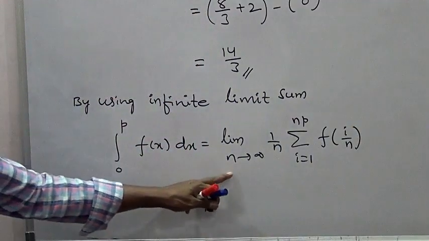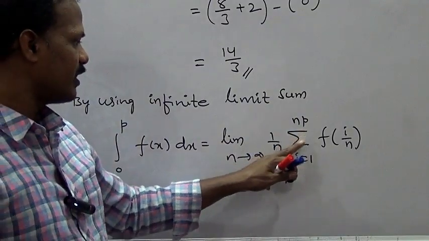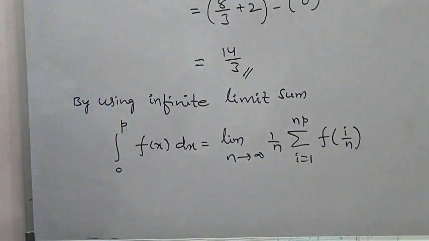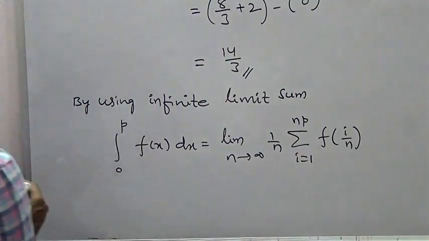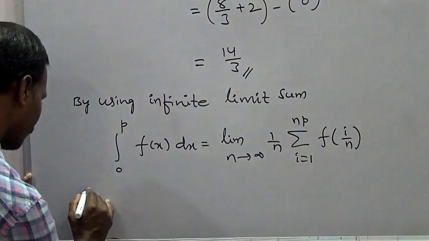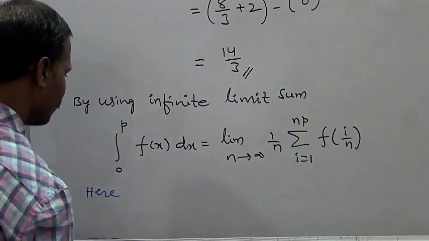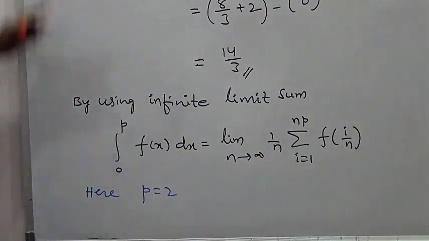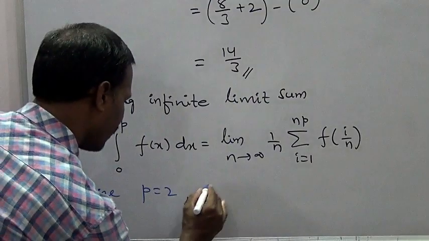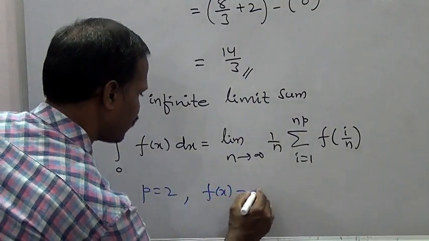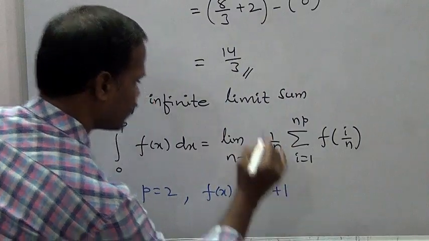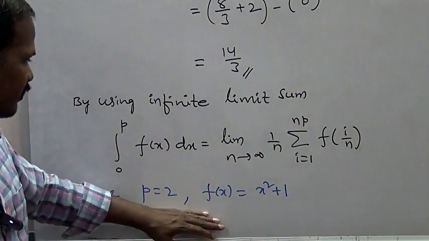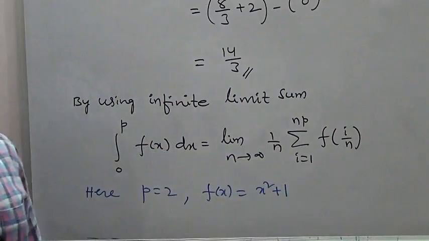Here, in this problem, p equals 2. So what is f of x? f of x equals x square plus 1. Okay? Now you have to substitute these values in the infinite limit sum.